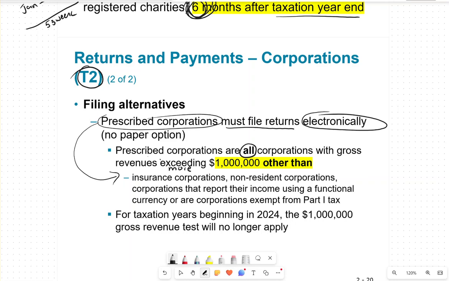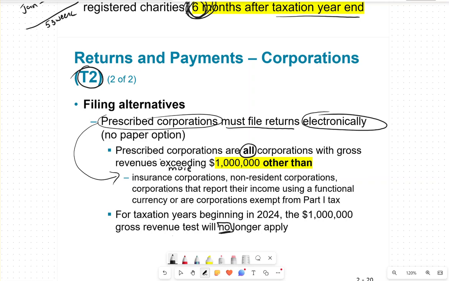The insurance corporation, the non-resident corporation that reports their income using functional currency, or a corporation exempt from Part 1. They should do electronic filing. For taxation years beginning in 2024, the 1 million gross revenue test will no longer apply.